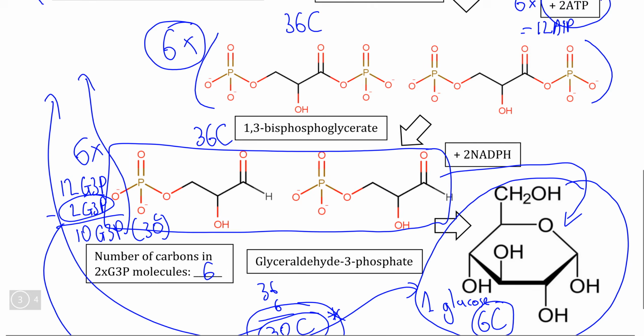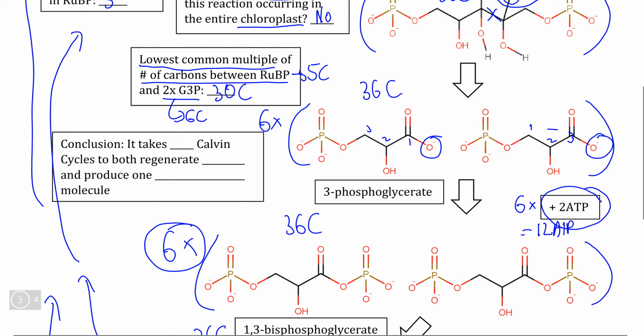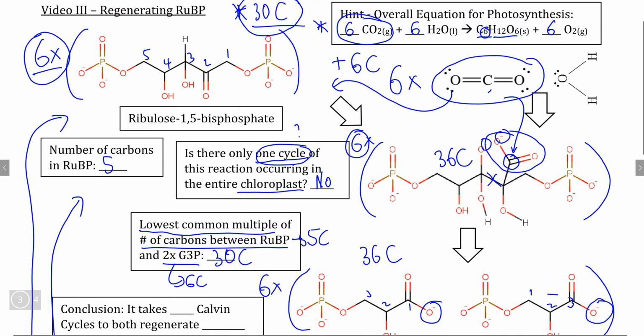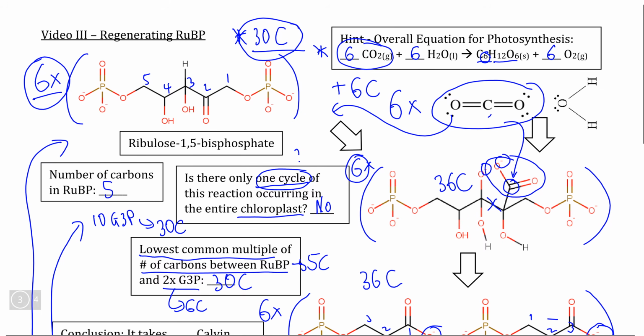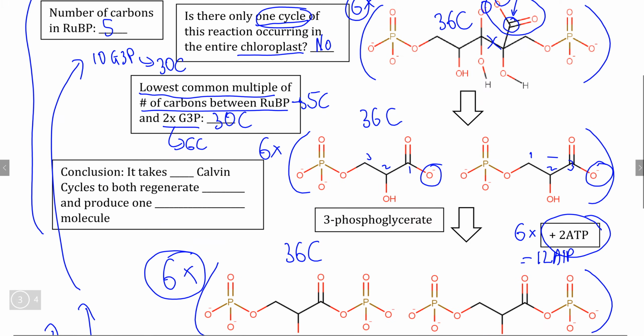And those 10 G3P molecules are exactly enough to reform 6 RuBP molecules, because if we have 10 G3P molecules, that contains 30 carbon in total, which is exactly enough to reform the 6 RuBP that we began this reaction with.